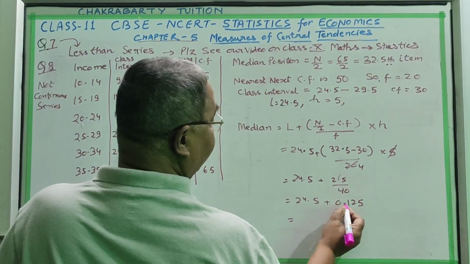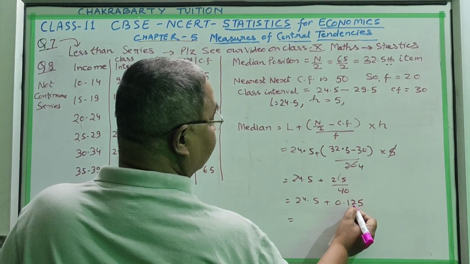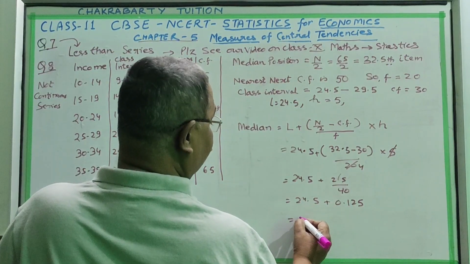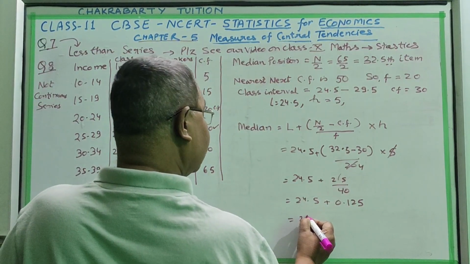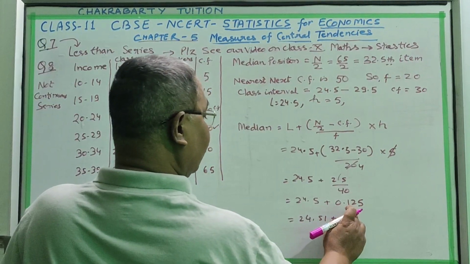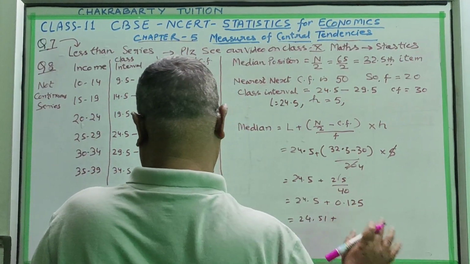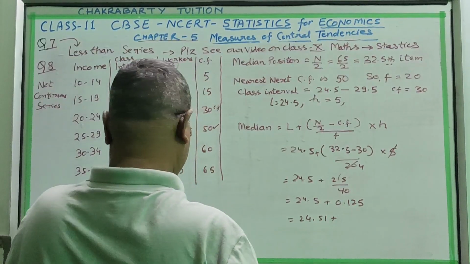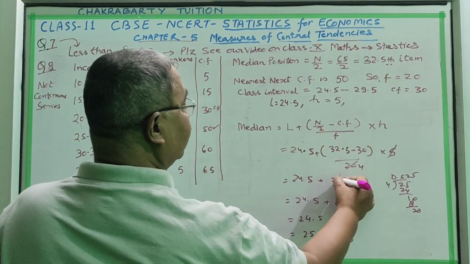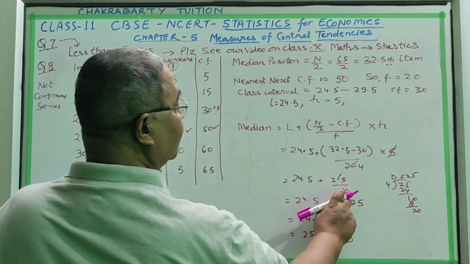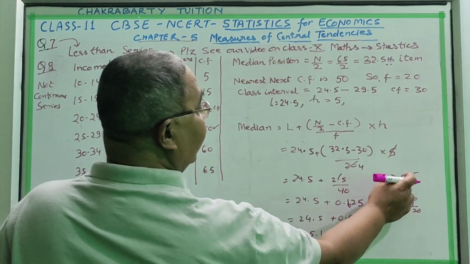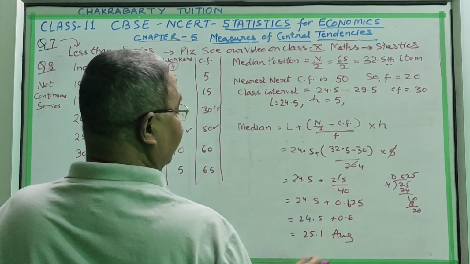Now we have divided 25 by 4, and it comes to 0.625.